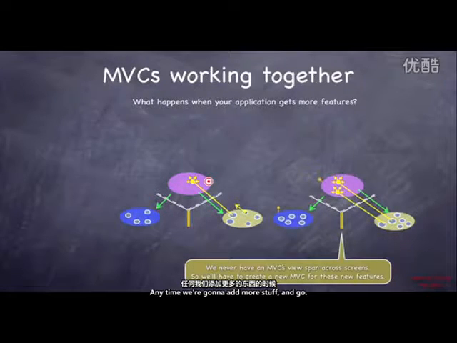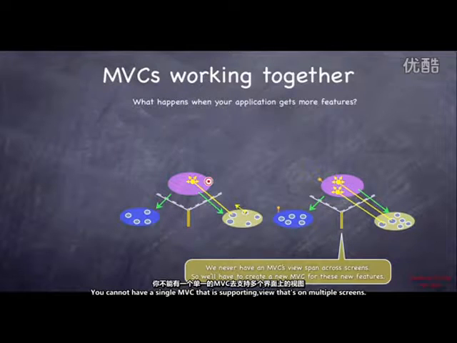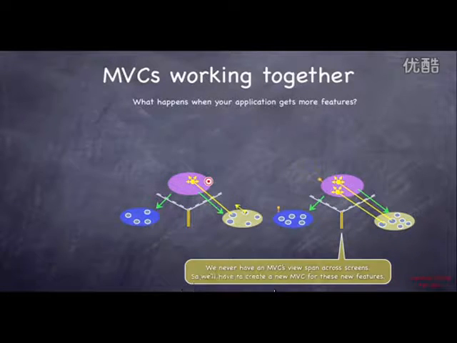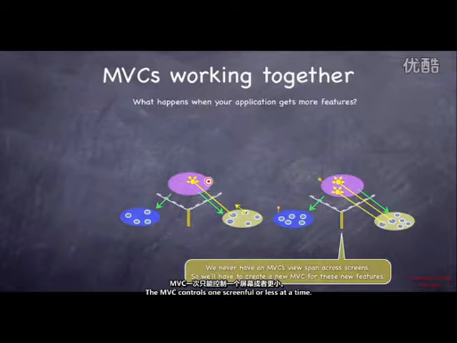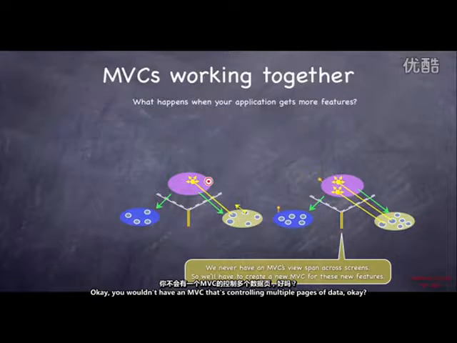So what do we do here? Anytime we're going to add more stuff on another screen, we need a new MVC. This is an important thing to understand. You cannot have a single MVC that is supporting views on multiple screens. You know what I'm saying? An MVC controls one screenful or less at a time. You wouldn't have an MVC that's controlling multiple pages of data.